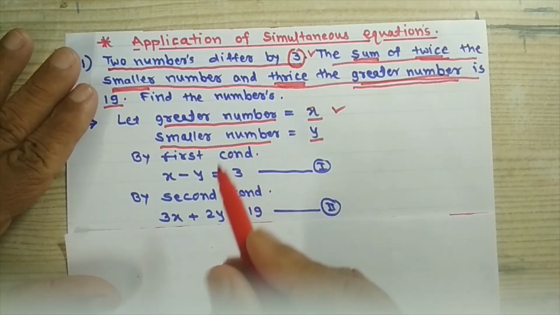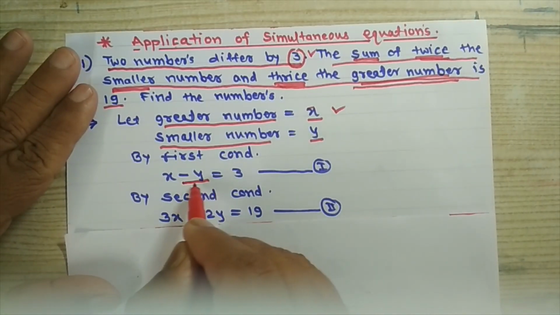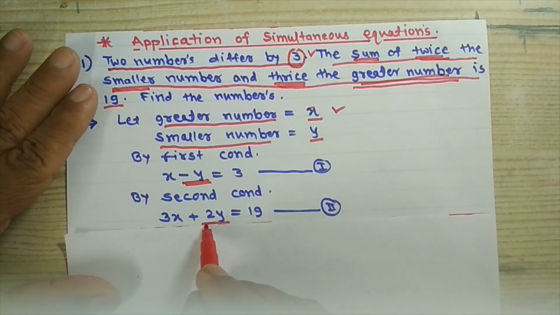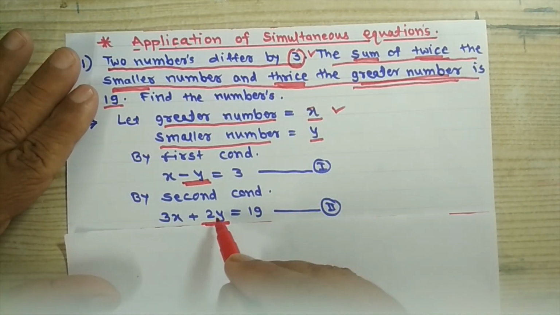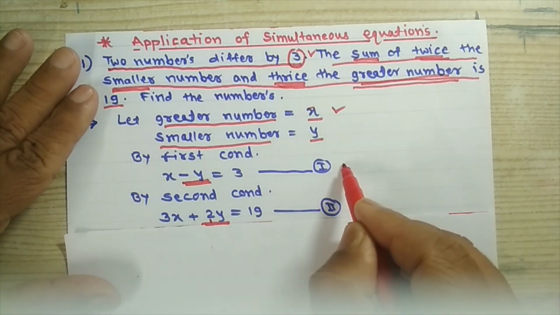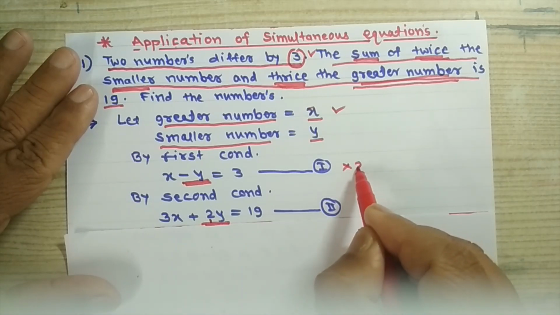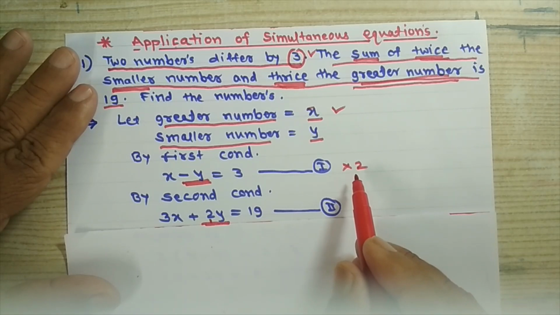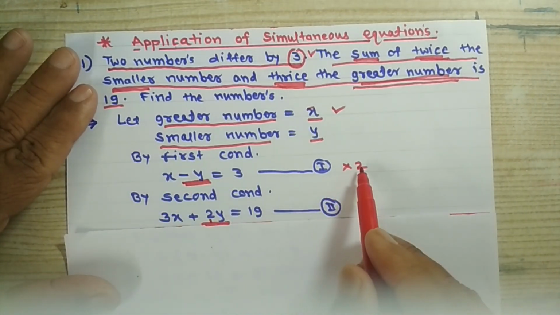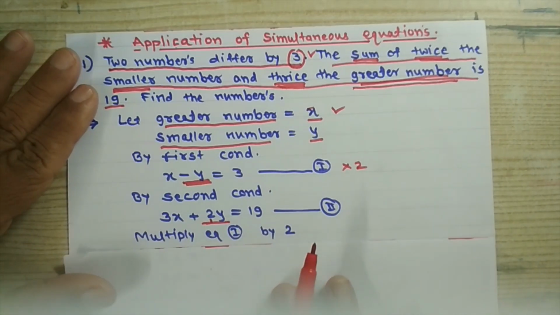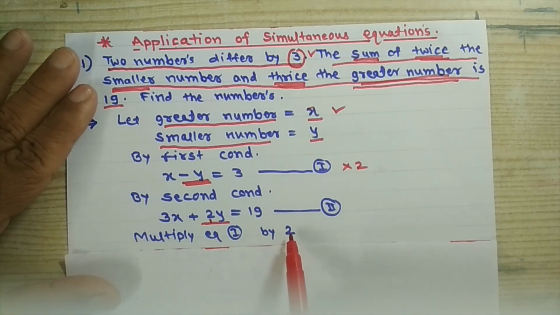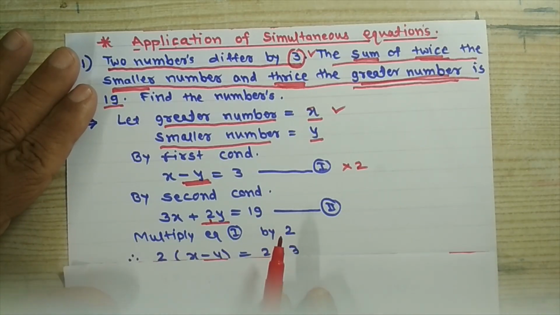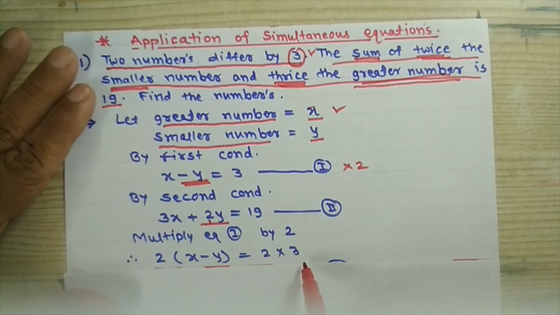Now see the equations we got. Here we have minus y and here plus 2y, so we have to multiply equation 1 by 2. We multiply both sides: 2 into x minus y is equal to 2 into 3.